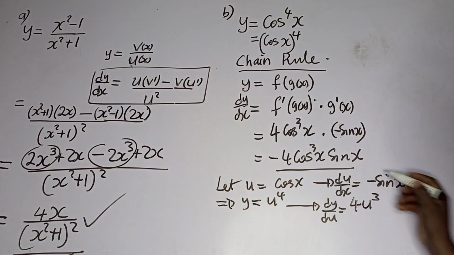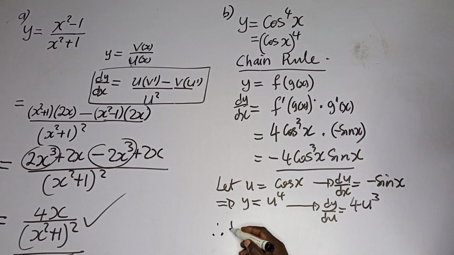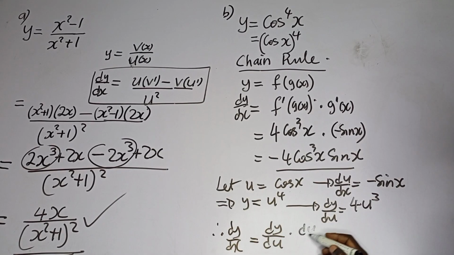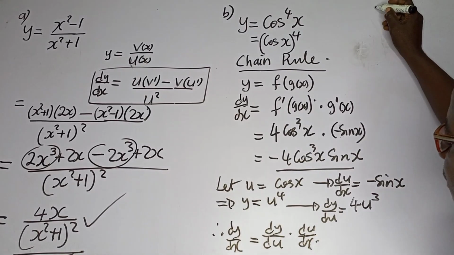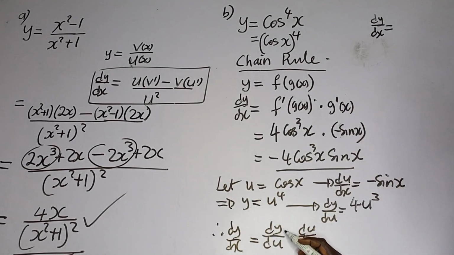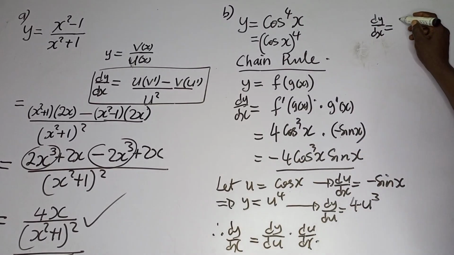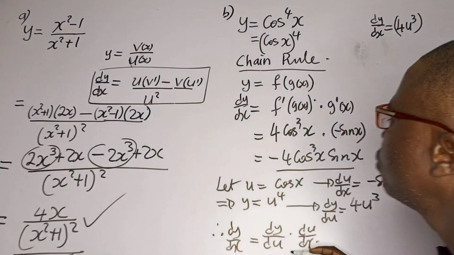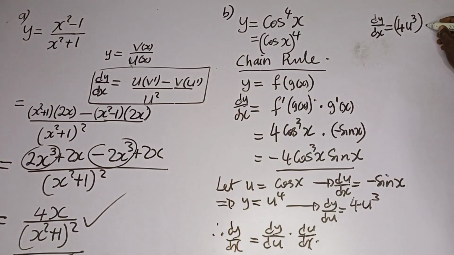Now, these are the elements that we put in our chain rule, which says dy/dx is equal to dy/du multiplied by du/dx. So dy/dx is equal to dy/du, which is 4u cubed, multiplied by du/dx, which is negative sine x.